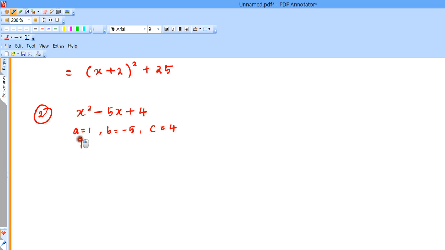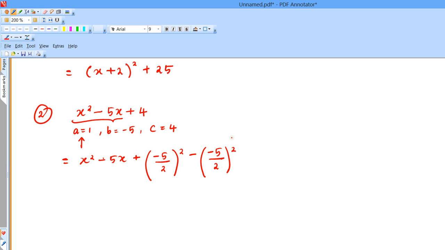If we check first, the coefficient of the first term is equal to 1 and positive. So next step, we copy the first two terms, x² minus 5x, and then plus b over 2. We have b = negative 5, over 2 squared, and then minus the same term, negative 5 over 2 squared, and the last term c, positive 4.